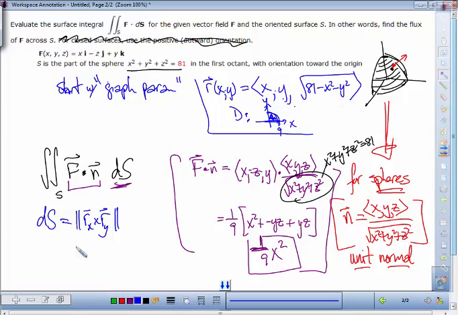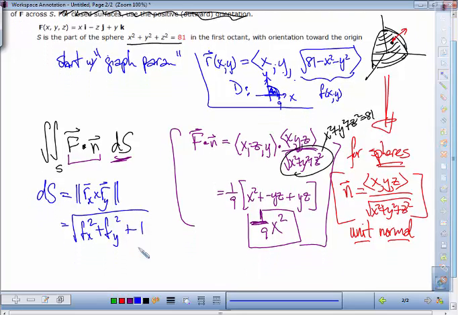So what we have here is really the gradient. Now, when you take the magnitude, imagine that this is your little f of x, y. The negatives are not going to matter, it's going to cancel. So this is the square root of f_x squared plus f_y squared plus 1.